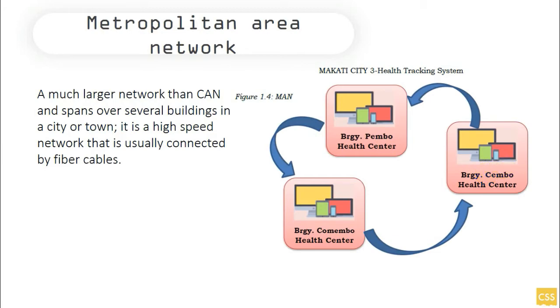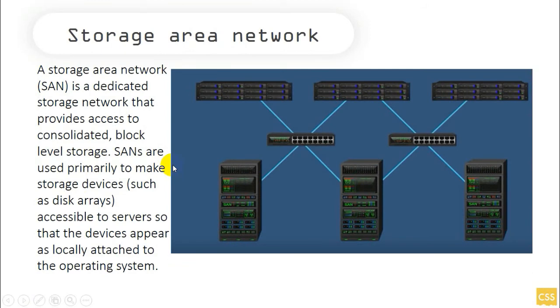Okay? Next is the storage area network. SAN can be quite different from the other networks. A storage area network is a special high-speed network that stores and provides access to large amounts of data.